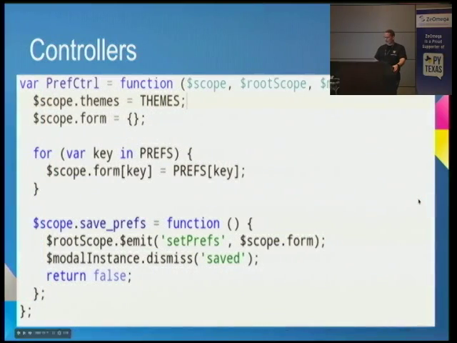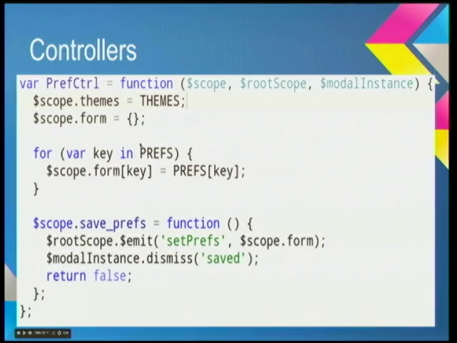And then here's the back-end JavaScript code for that. You can see my form variable is just a map, and then I have a list of themes. This preferences variable is just a global variable I have set of all the preferences the editor supports.